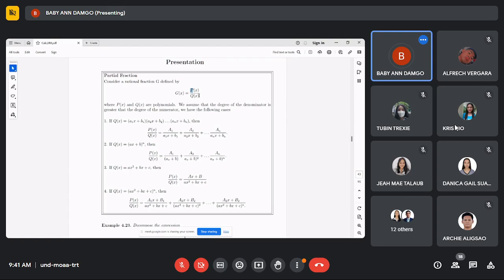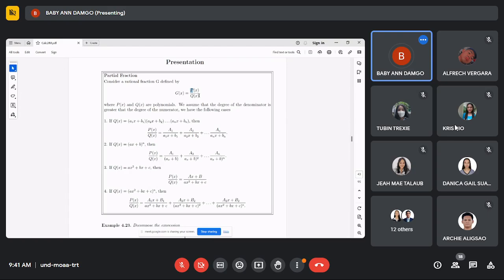Okay, and then we need to solve the values of a sub 1, a sub 2 up to a sub n. Okay, so for example, we have negative 2 over x squared minus 1. So, ang first step nga buhaton ani is you need to factor.